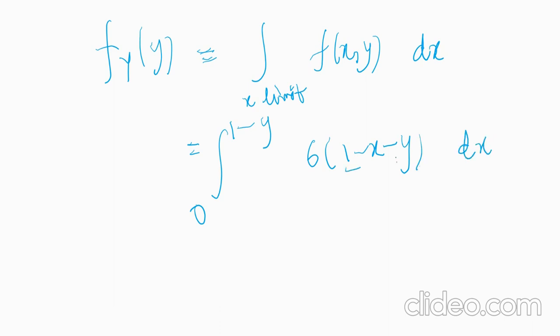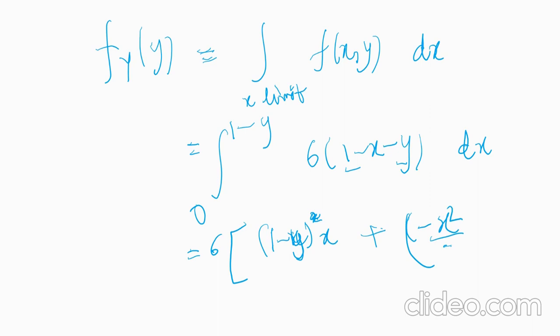So now 1 minus y is constant and x is a variable. So 6 we can take out, and then it will be 1 minus y times x minus x square upon 2.